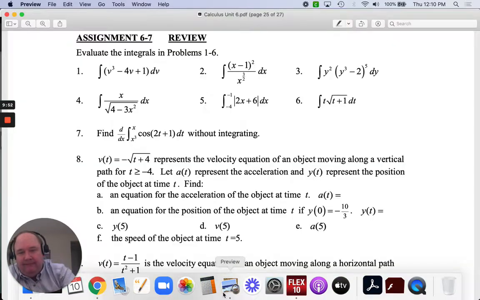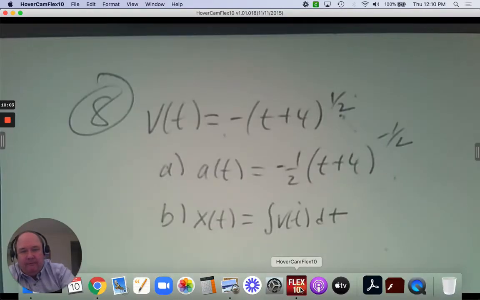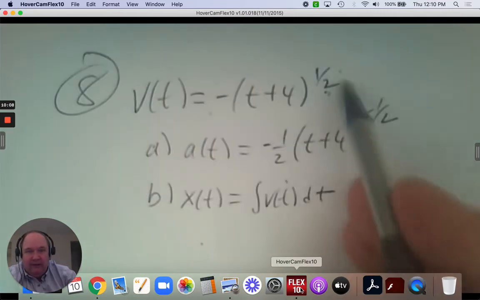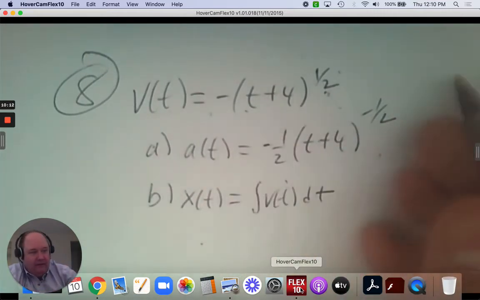Part B, an equation for the position. Now, to find the position, you're going to integrate the velocity. So let's see how we would do that. So to go the other direction, we're going to integrate the velocity to find the position. To integrate this, here, let me write this down.